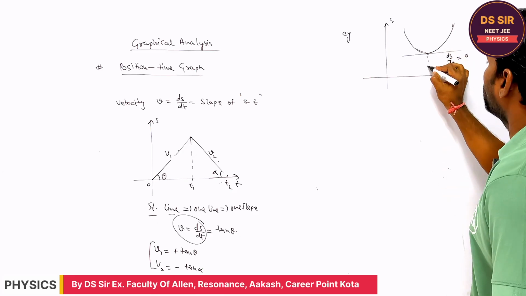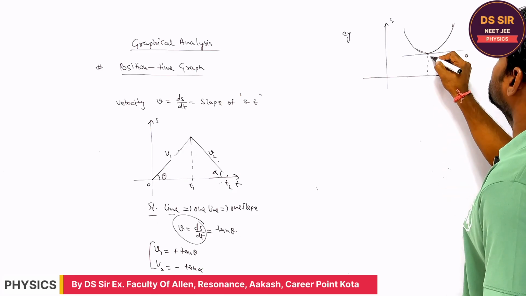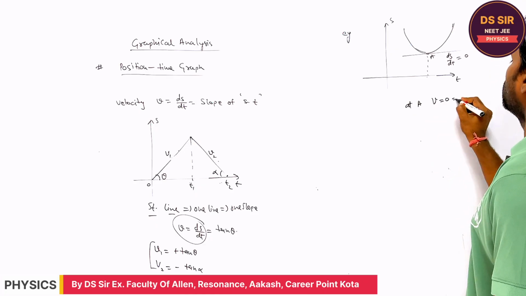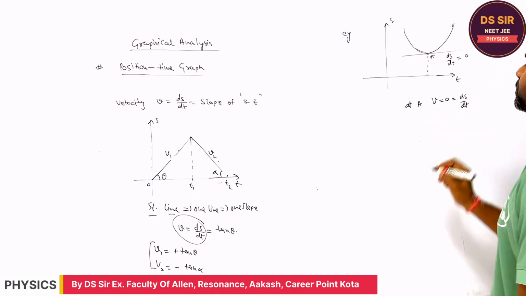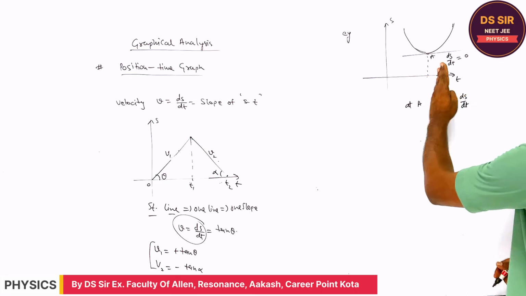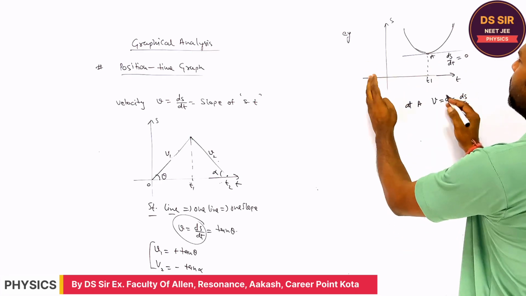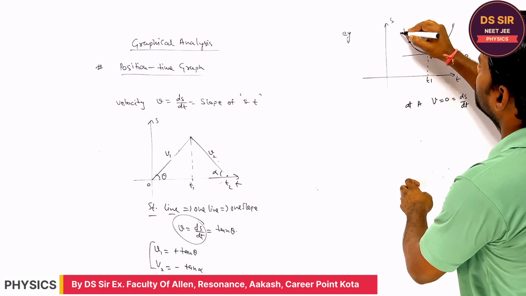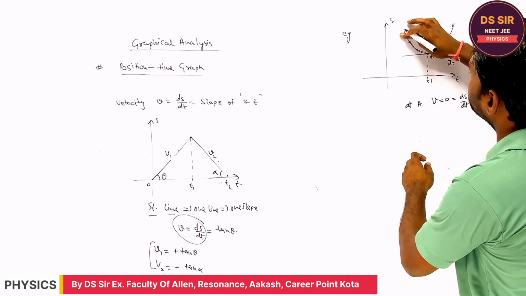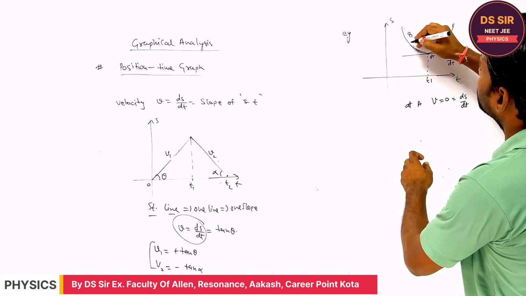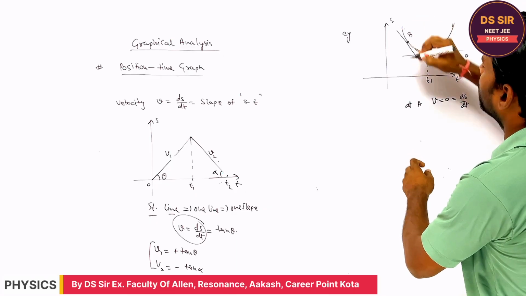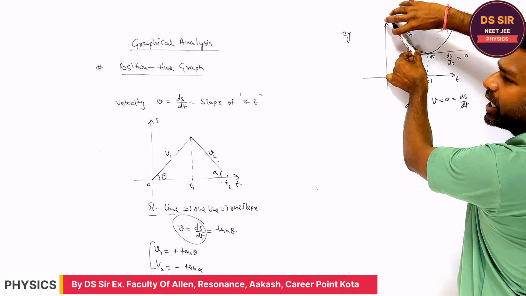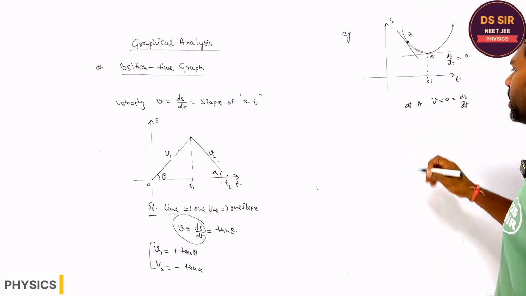It means at this point, if you consider it as point a, the velocity is 0, because the slope becomes 0. Before this time, suppose this is t1, if you choose this point, suppose this is point b, and draw the tangent on this, its slope is negative, because the angle is more than 90 degrees.